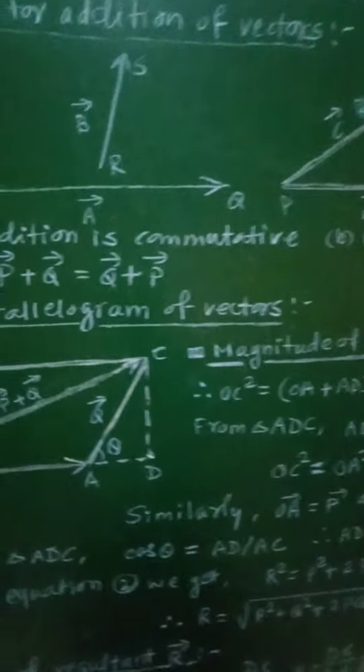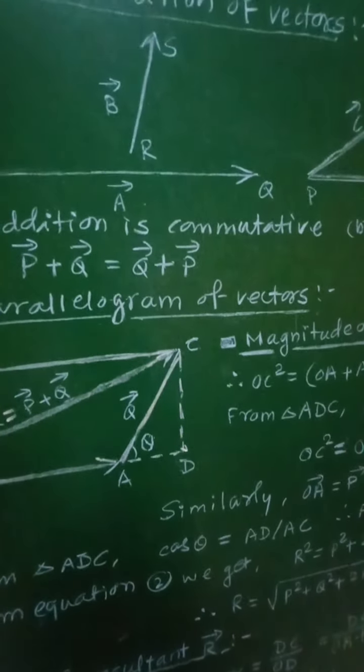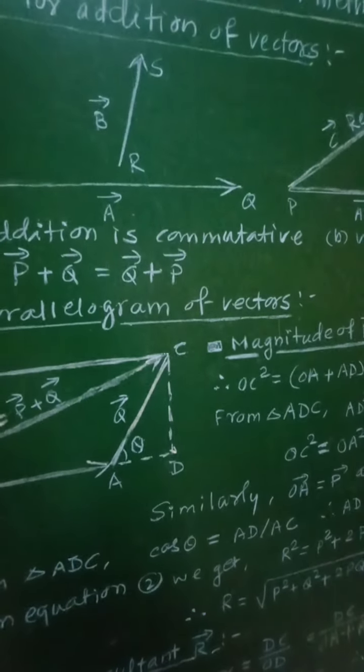So vector addition obeys the commutative property as well as the associative property.